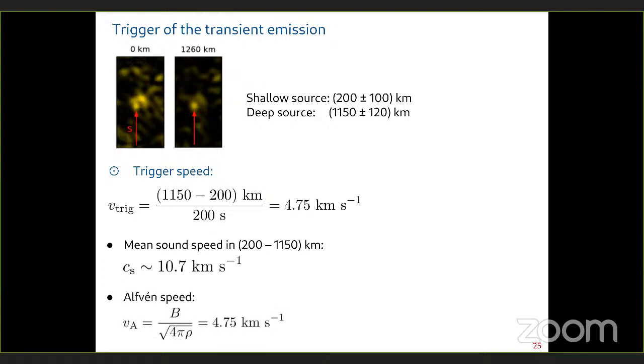On the other hand, the alternative speed can be set so that this velocity is actually the trigger speed. That constrains the magnetic field to have certain values as a function of depth in the solar interior. For example, at a depth where the deeper source is located, we have a magnetic field of about 3,000 Gauss. We now ask, where does the energy come from?